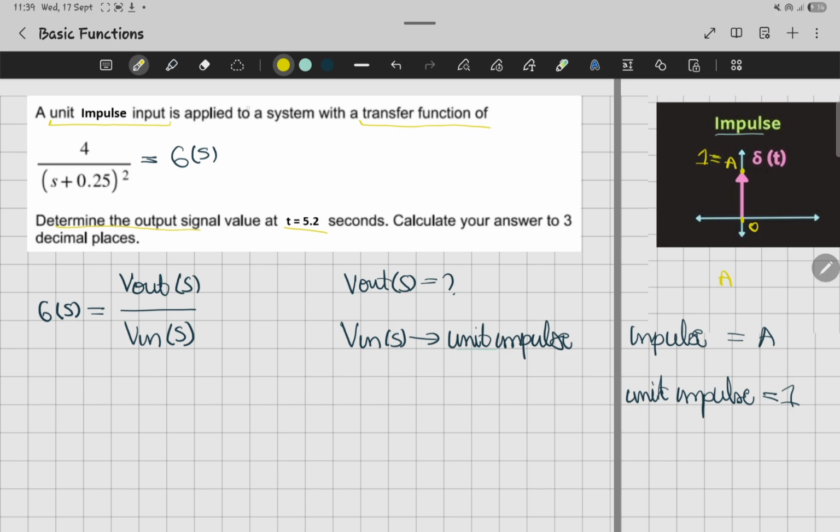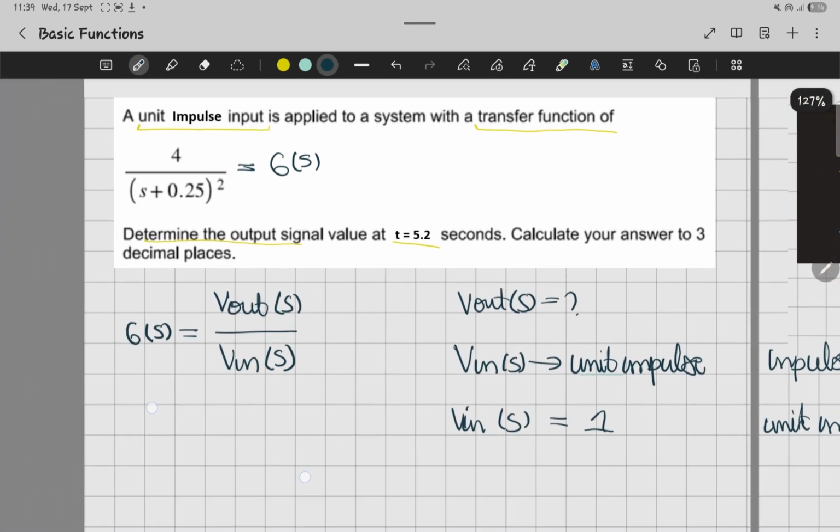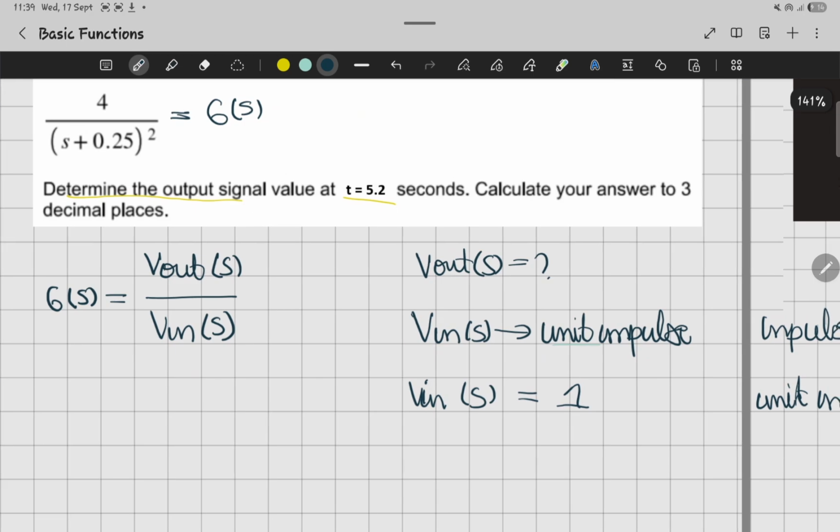So V in of s is equal to 1, and we need to solve for V out. The transfer function will be equal to V out over 1 if I replace the value of V in, so the transfer function will be equal to V out.